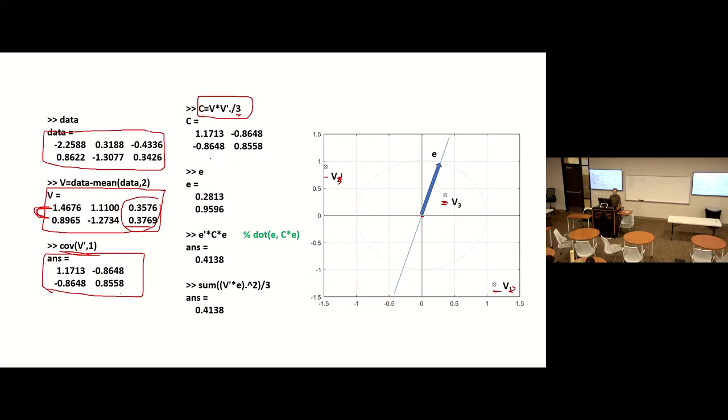You have 3 points. So this C is your covariance matrix. You can see the values are the same as the built-in function calculated. Okay? So that's the way you compute the covariance matrix and you get a C matrix here.